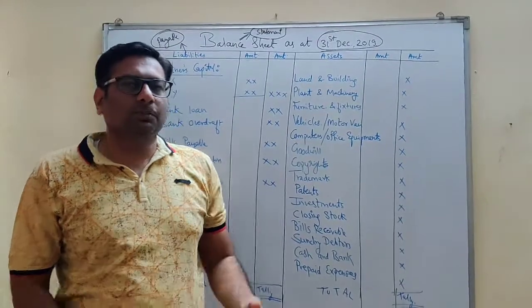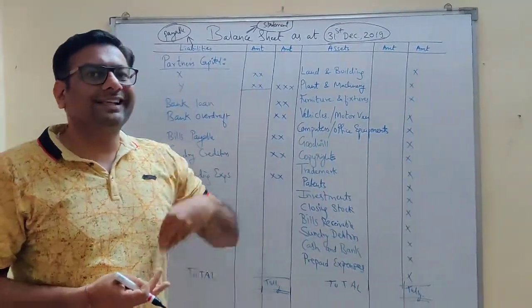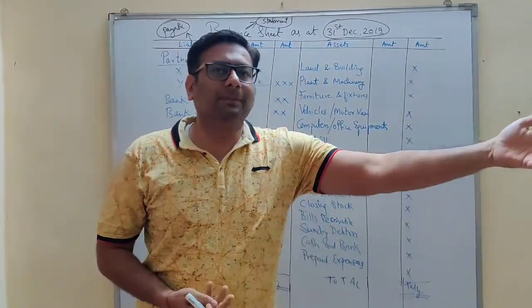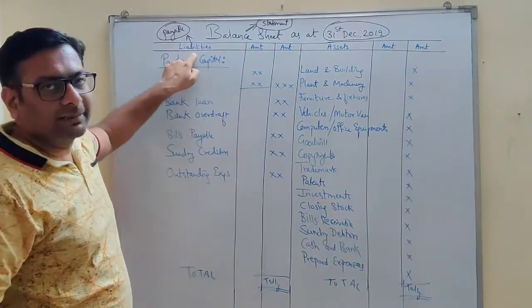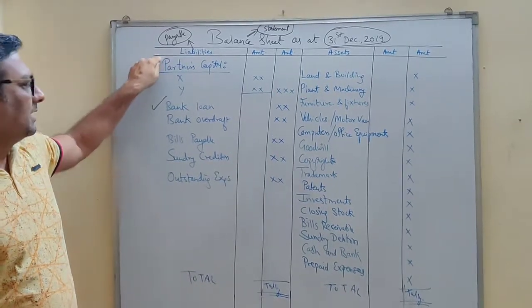Let's take one example. Suppose the business has taken a loan from a bank. A loan is repayable. When you take a loan, you have to repay. So when you repay the bank, it is payable. When I say payable, it becomes your liability. That's the reason you will write bank loan on the liability side.